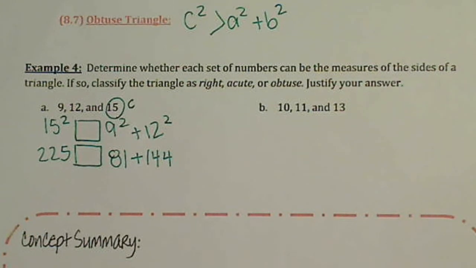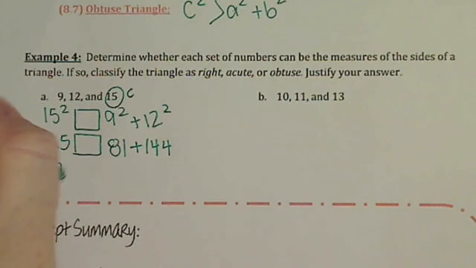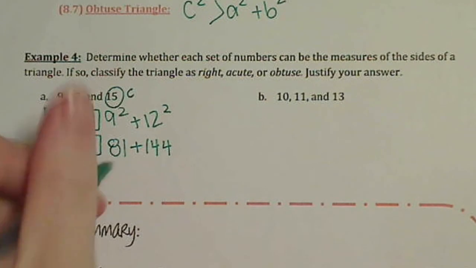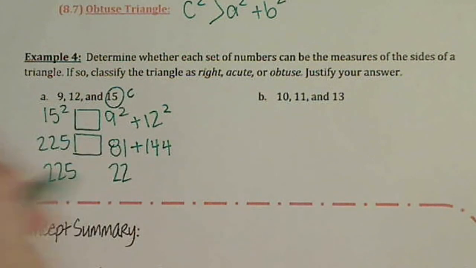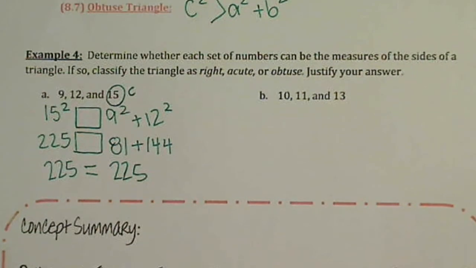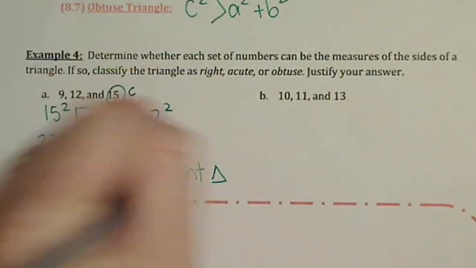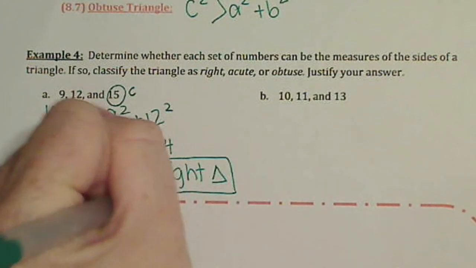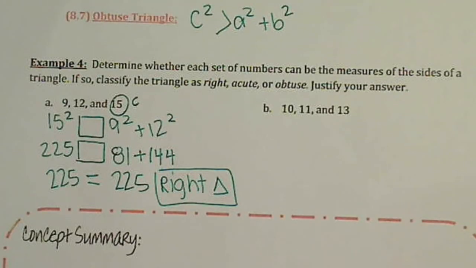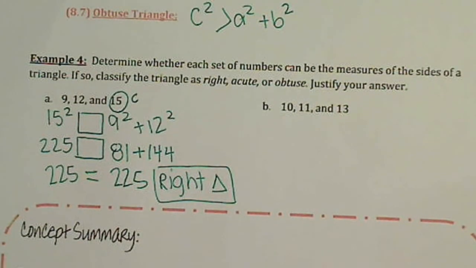And amazingly enough, 81 plus 144 is the same as the other side. So these are equal. Because it's equal, it makes it a right triangle, because that would be the Pythagorean theorem.